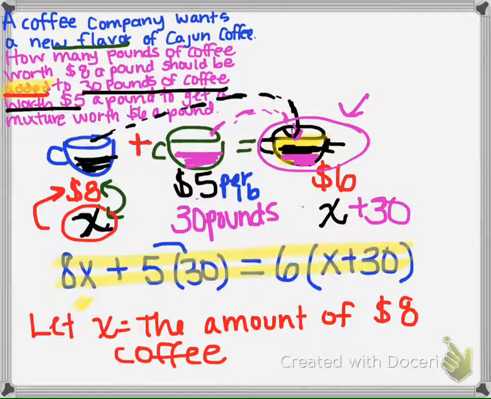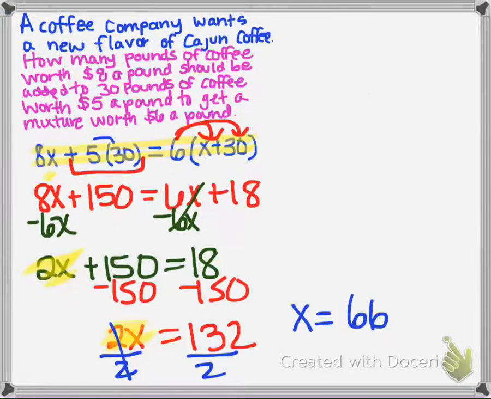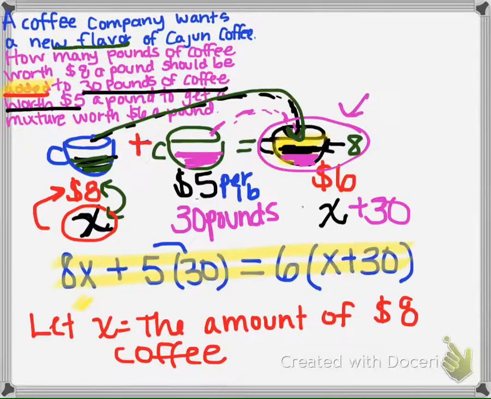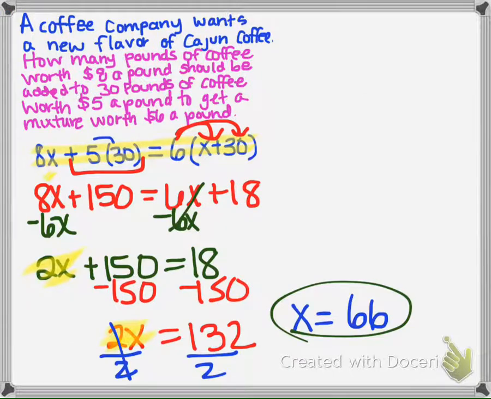So that's what we were asked to find. So we are going to pour in 8 pounds, I'm sorry, 66 pounds. So this is going to be 66 pounds. That's what we found here.